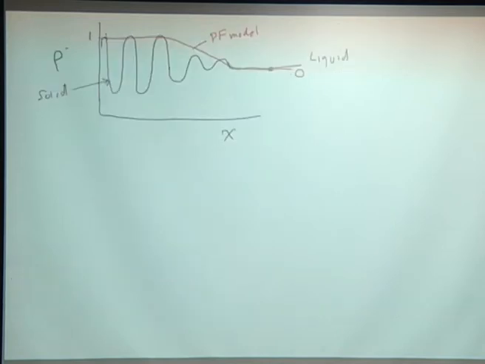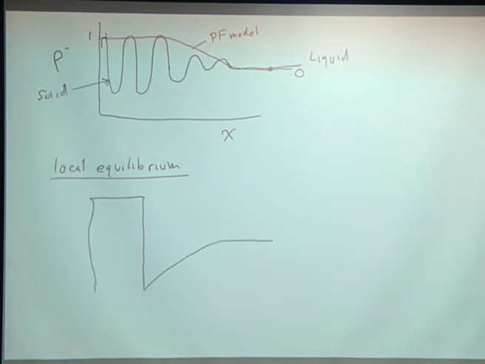Okay, let me give you an idea. So, local equilibrium. Let's say you have a growth of a spherical particle. It looks like this. So local equilibrium implies that, let's label this as beta.